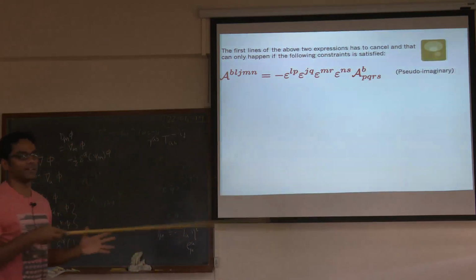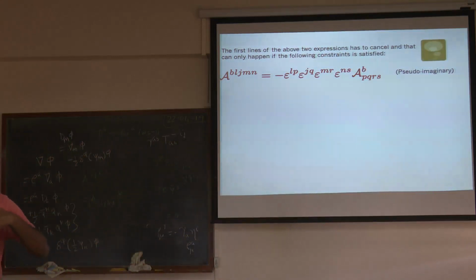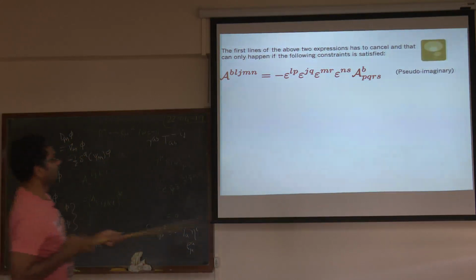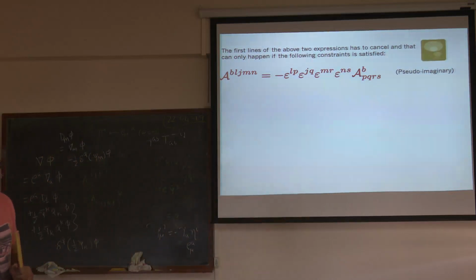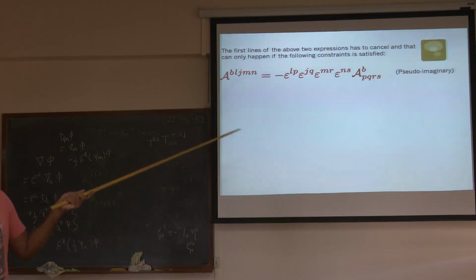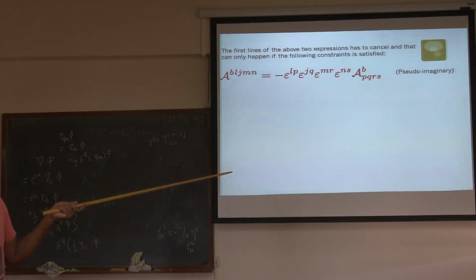So, it is pseudo imaginary. It has some reality constraint, but because of the presence of this Levi-Civita, it is pseudo imaginary. Okay. So, that is the constraint that you get on the block that appears in the left supersymmetry transformation of sigma ijk.